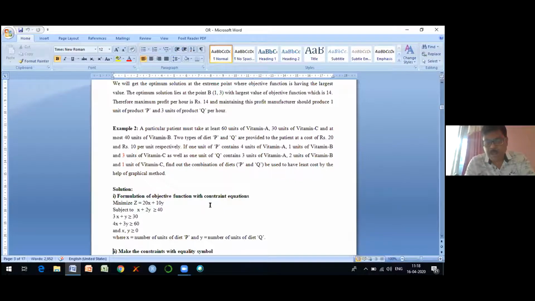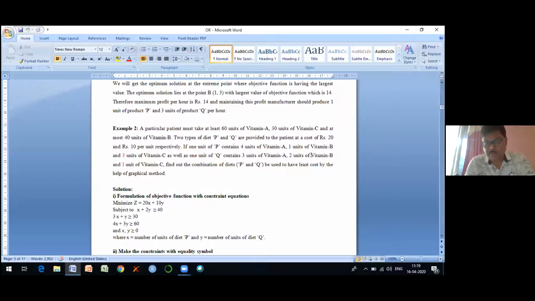The vitamin A requirement is at least 60 units. Therefore, we can write 4x plus 3y greater than or equal to 60. Why is it greater than or equal to? Because minimum we require 60 units of vitamin A, or at least it will be equal to 60. So one constraint is 4x plus 3y greater than or equal to 60.